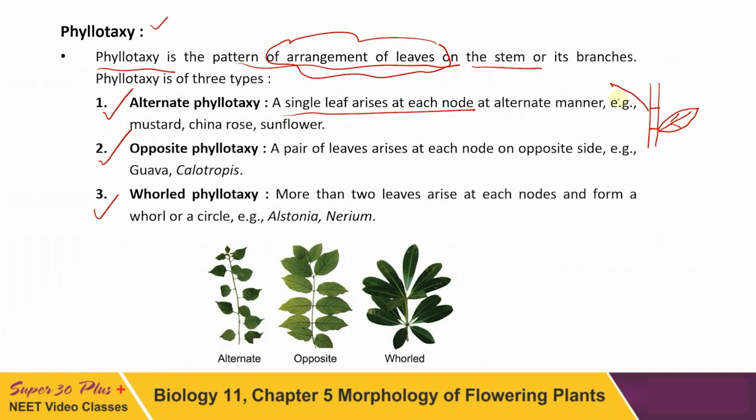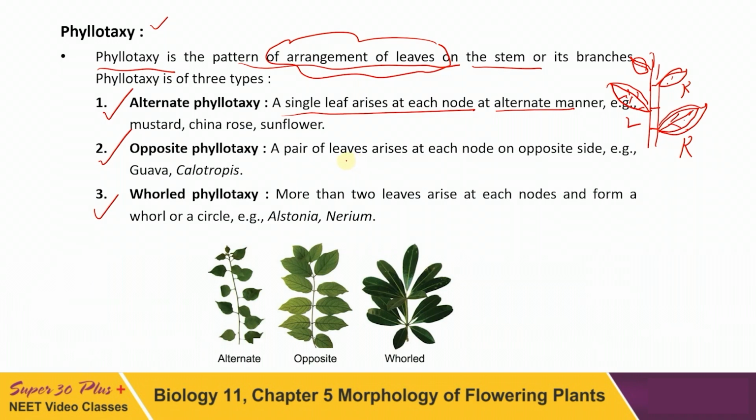The other leaf will be on the left side. The third leaf will be on this side. The fourth will be on the other, and you know that these are arranged in acropetal manner, is it? That is, the large leaf will be downward. So each node has one leaf in alternate manner, right, left, right, left.